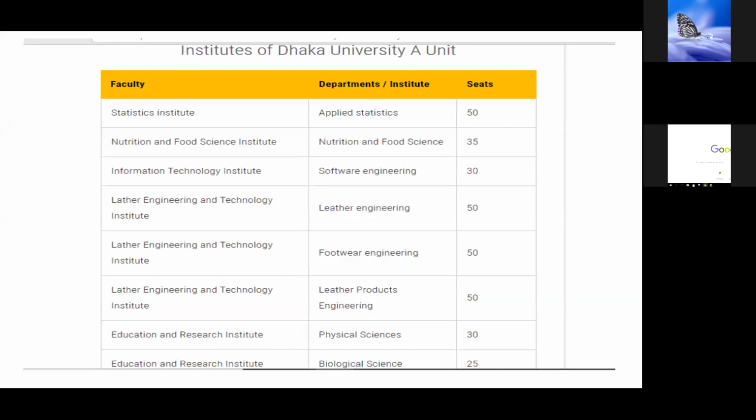Then you have the Education and Research Institute. Okay, so this is basically for NGOs. One of my uncles graduated from the Education and Research Institute, ERI, from Dhaka University. They are doing research on the poor people in Bangladesh, how to develop them, how to provide shelter for them, all these things.